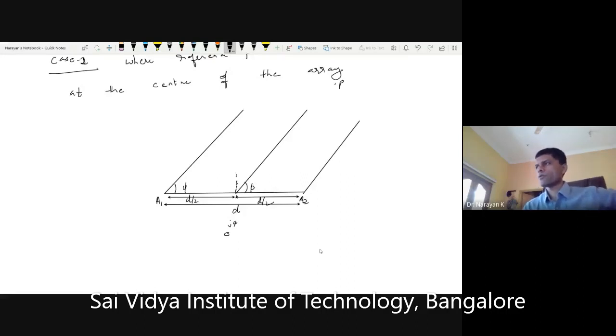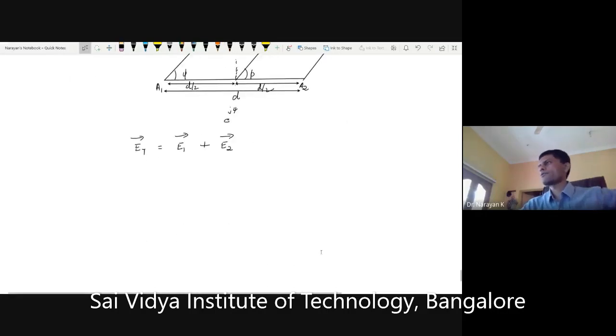So the total electric field E total again is electric field E1 due to point source A1 plus the vector addition of electric field E2 due to point source A2. So what happens here is you get E naught e raised to the power j psi by 2 plus E naught e raised to the power minus j psi by 2. One side you take positive, one side you have to take negative to balance both things.